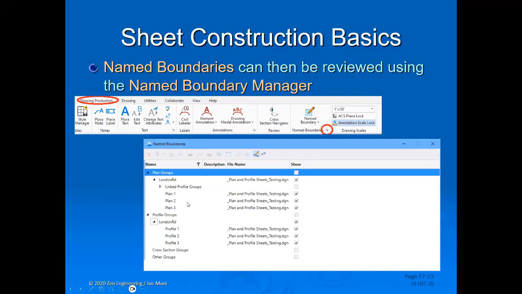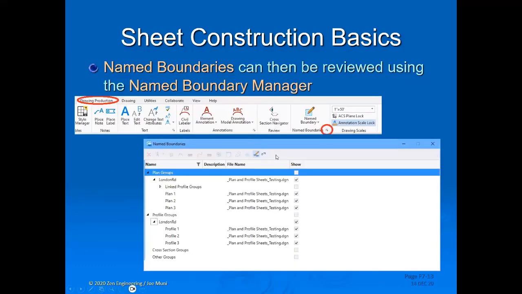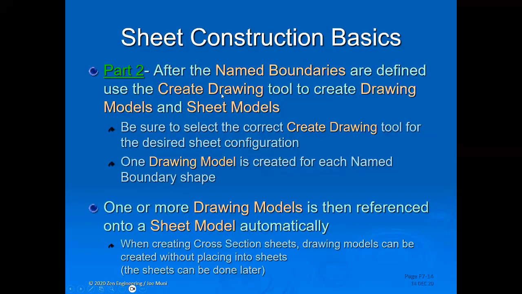And then from here, you can actually go to part two, which is to create your drawing model and your sheet models. So part two, after you've placed those name boundaries, there are some tools right up here in the name boundary manager that will allow you to initiate the process of creating those drawings, the drawing models and the sheet models.